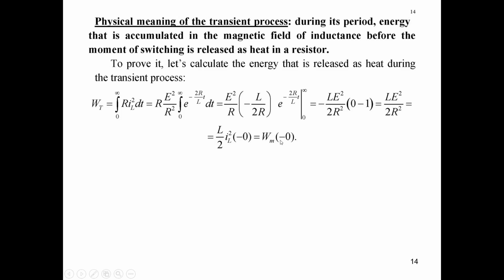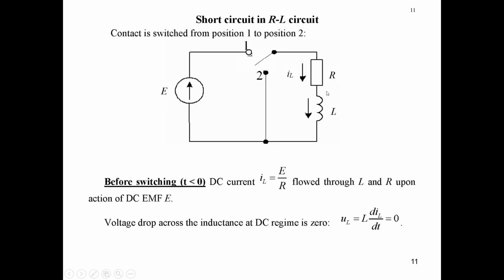And it may be shown that the physical meaning of the transient process is the release of magnetic energy stored in inductance before commutation, because current has been flowing through this inductance, and this magnetic field energy has been released as heating energy to heat this resistance connected in series with inductance.